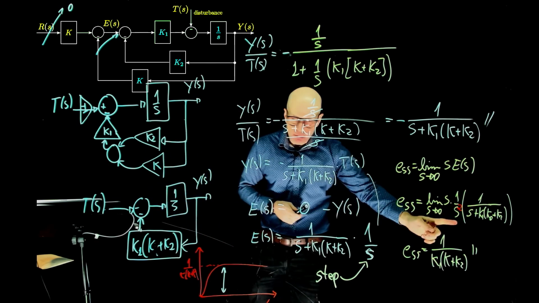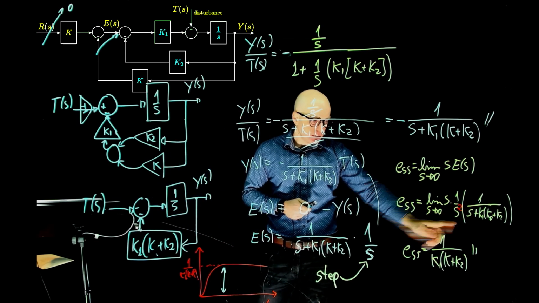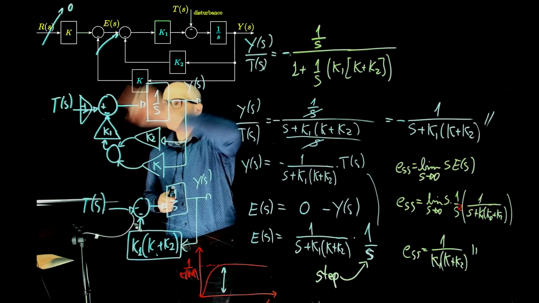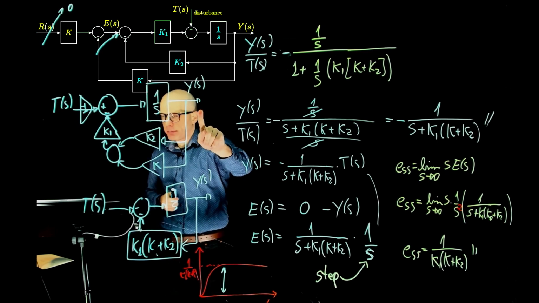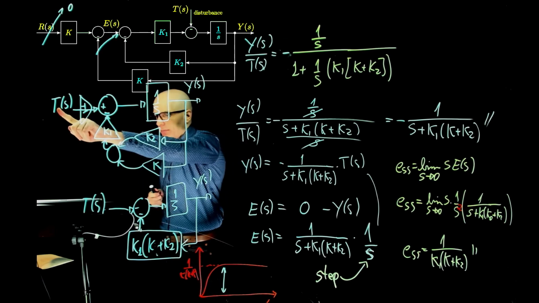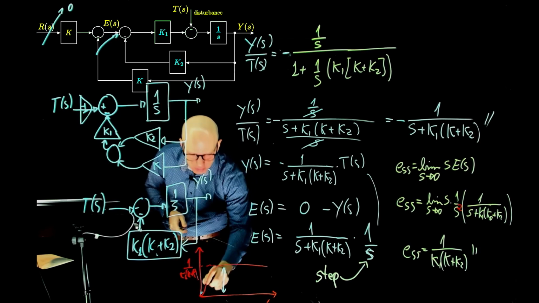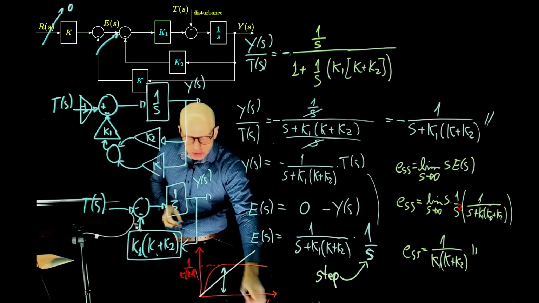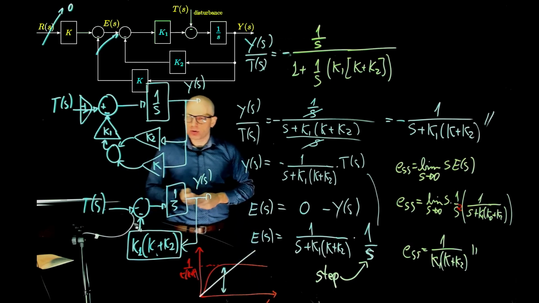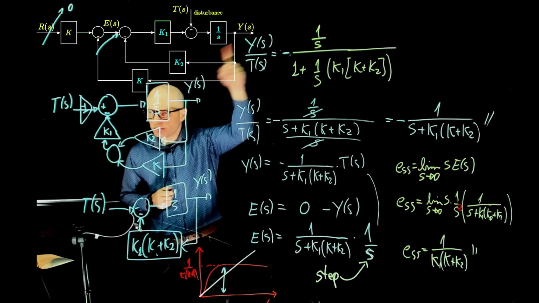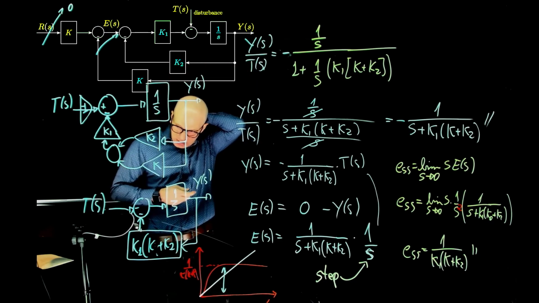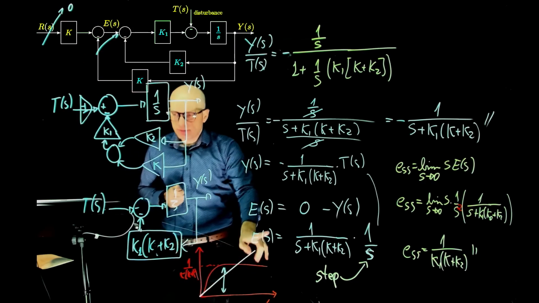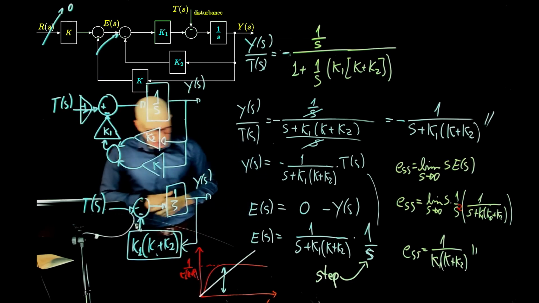If we had a ramp, then what would happen to the output? If you put a ramp here, the output will also be a ramp, and then the result here would be something like that. And this tends to infinity as time tends to infinity. Because the input here keeps increasing over time, the output keeps following that, and this is now deviating from 0, and that deviation increases as time tends to infinity.